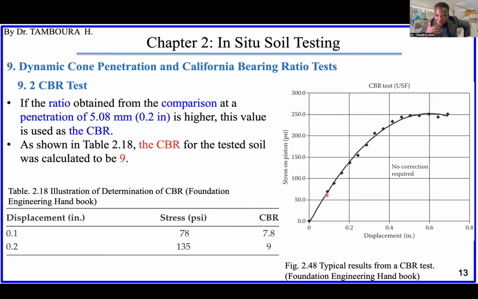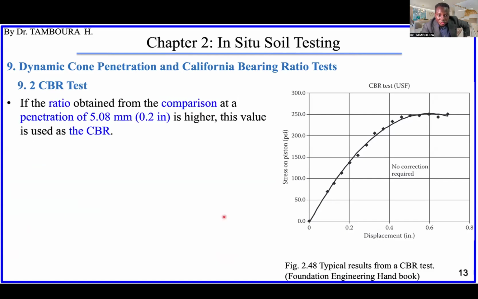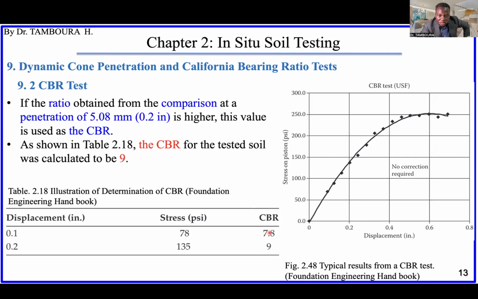Please convert it to millimeters if you want. It gives us 78 pounds per square inch. Then you take this 78 and you divide it by the standard one, which is here 1,000. That will give you 7.8%.